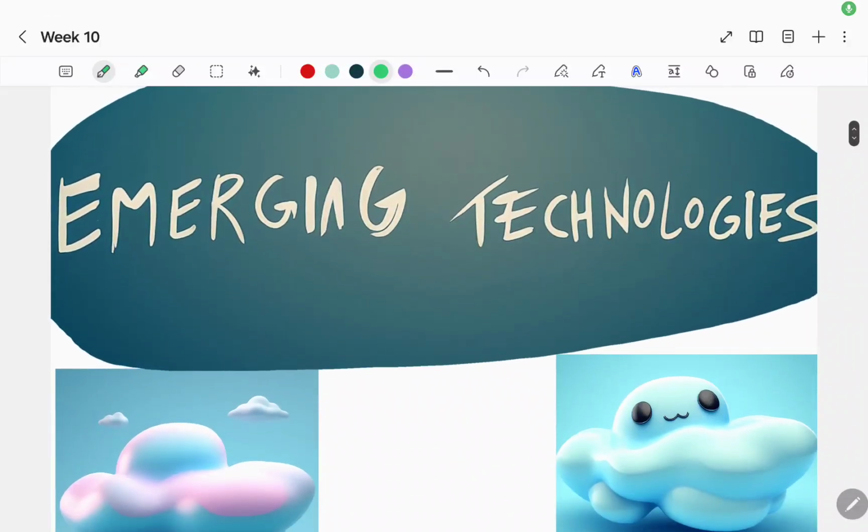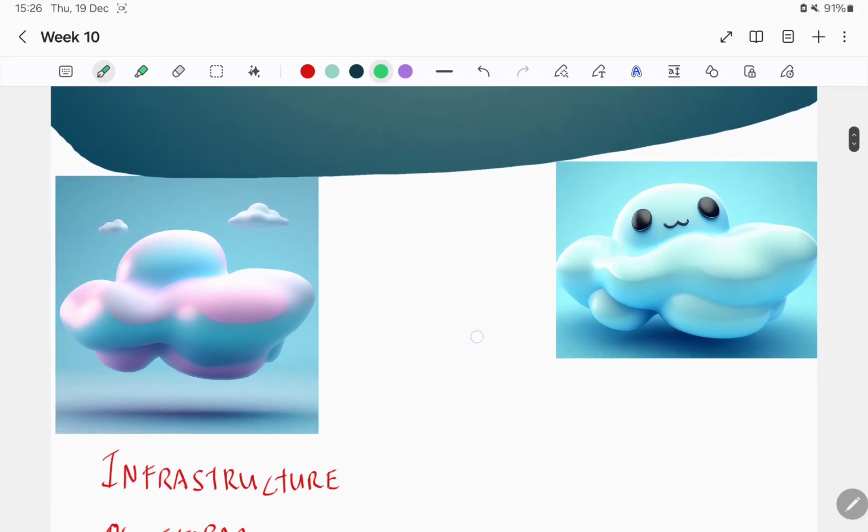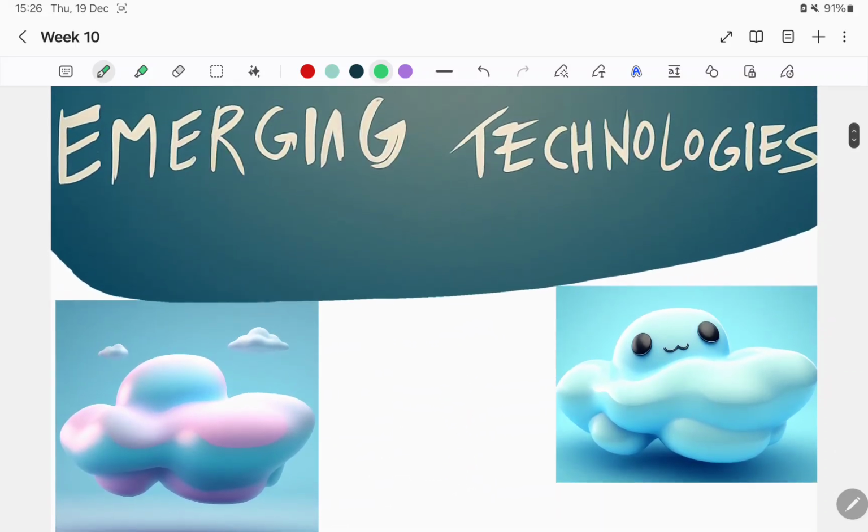Okay, let us go into the emerging technology. So over here we have different emerging technologies that I will cover. Namely is, what is this one? Anyone have any idea? Cloud. Yes, cloud.